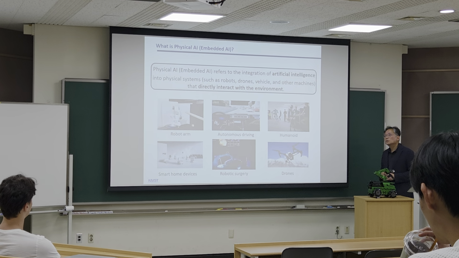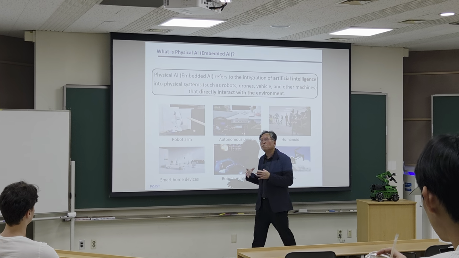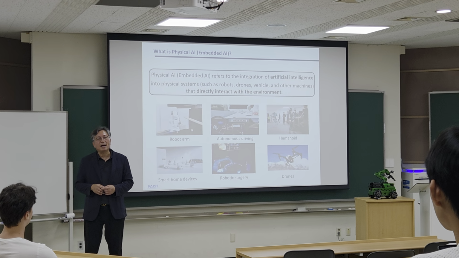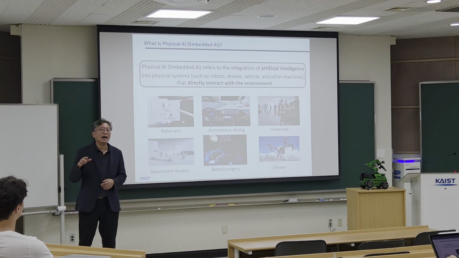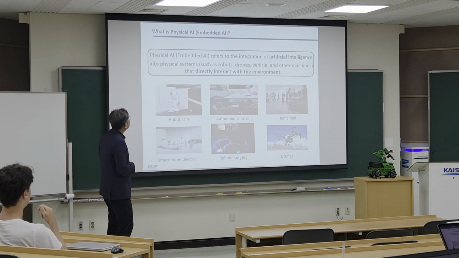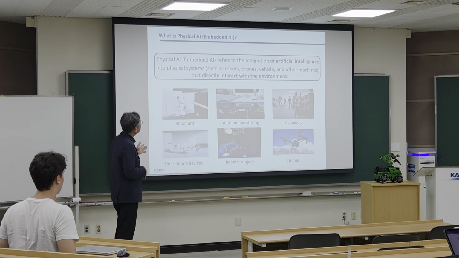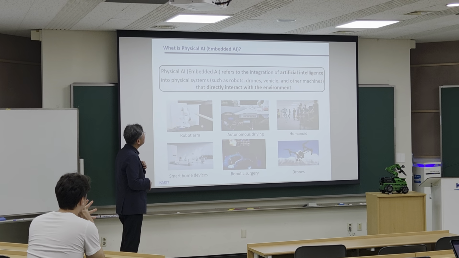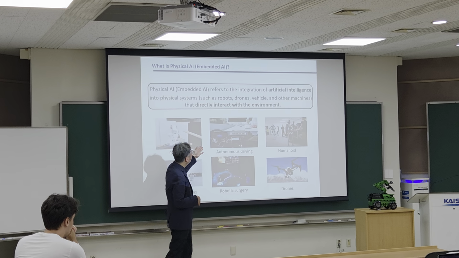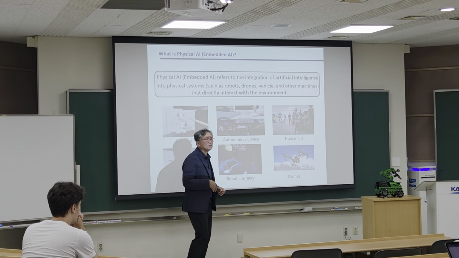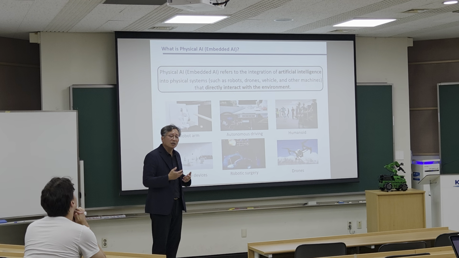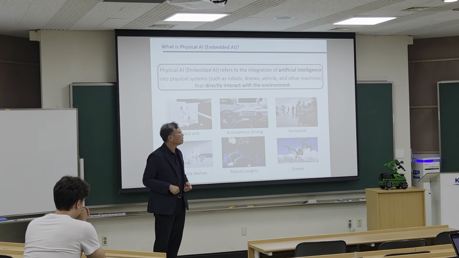Okay, so this new field is called physical AI or embedded AI. You're embedding AI into a machine. Physical AI refers to integration of artificial intelligence into physical systems such as robots, cars, drones, in your home, various places, in your phone already.